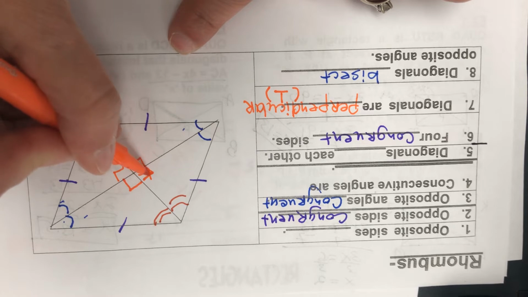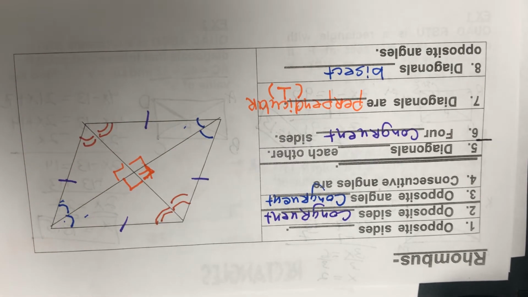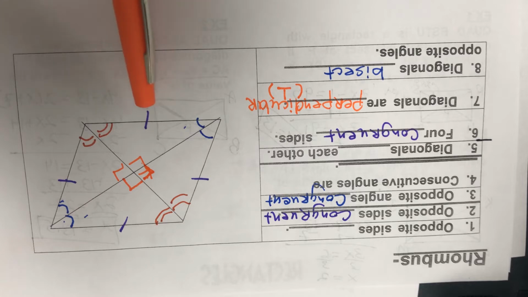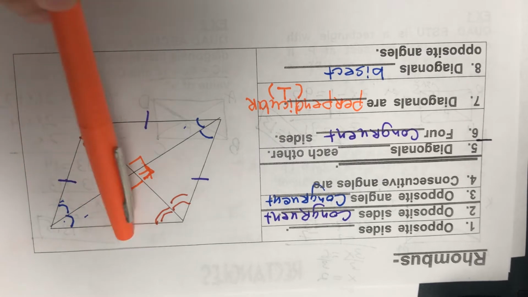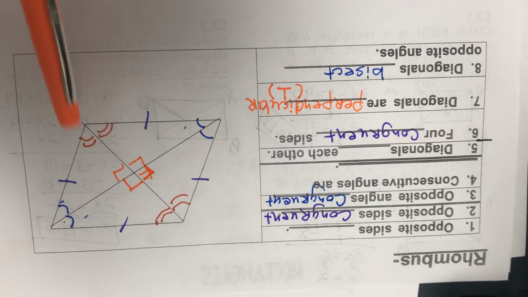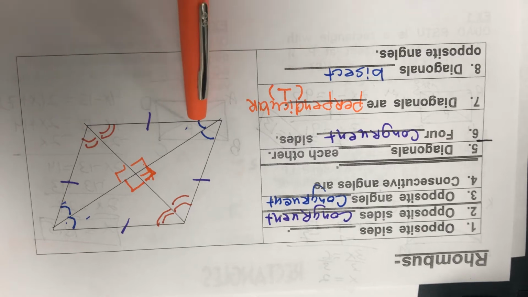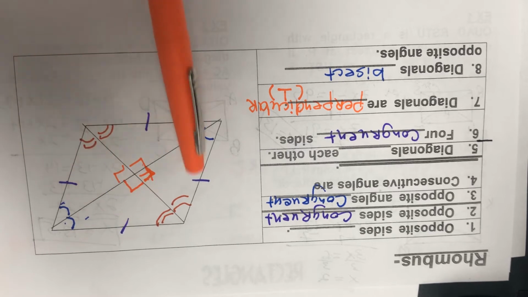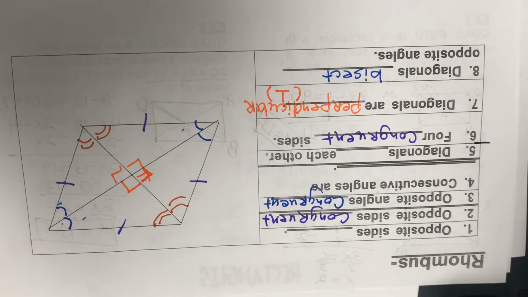So we got 4 right triangles, and the hypotenuse is congruent. So really, by angle-side-angle, all 4 of these triangles are congruent.